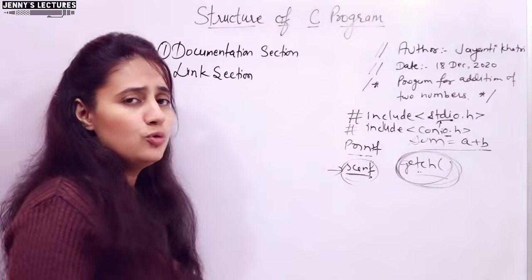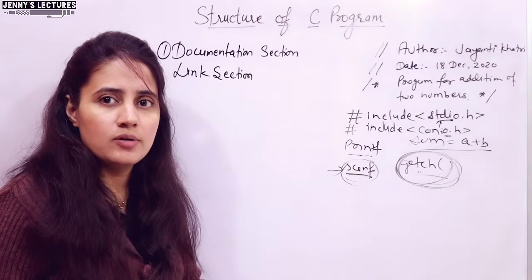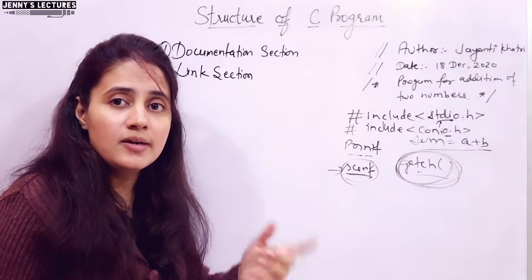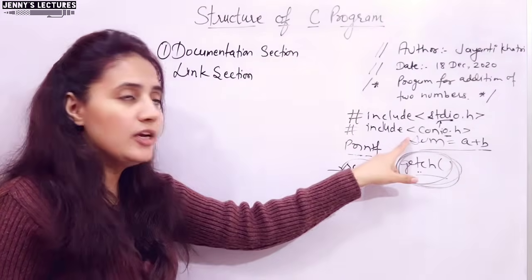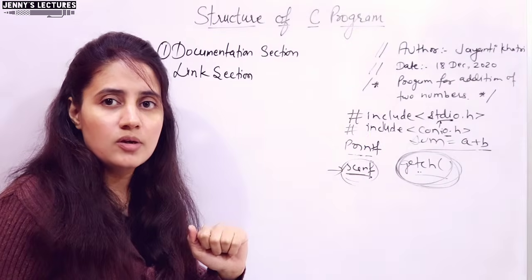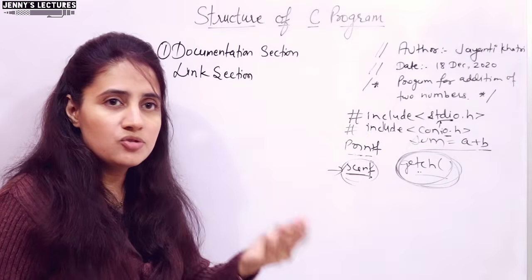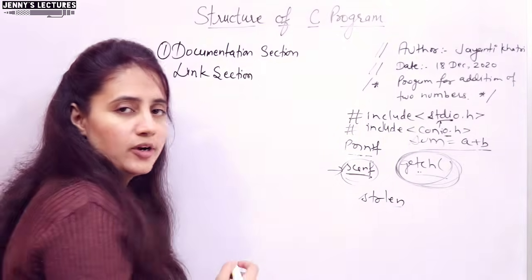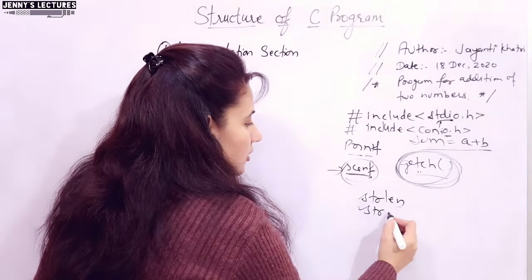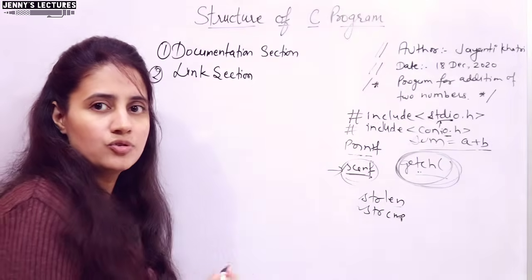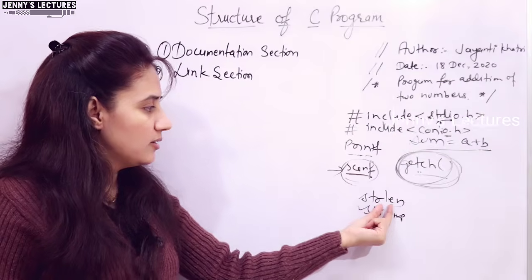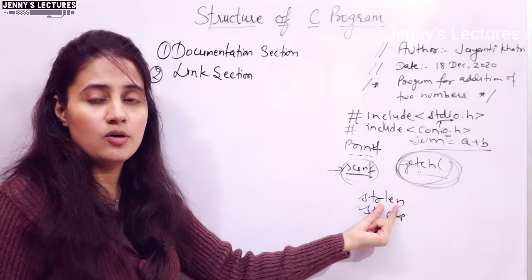Now suppose you want to use some math functions like square root, sqrt, or power. Those functions are defined in math.h. At that time you will include hash include math.h. If you want to use some string functions like strlen, to find the length of a string, strcmp, string compare, or string concatenation, then the compiler is not aware of these. It does not know that string length means it has to find the length of the string.